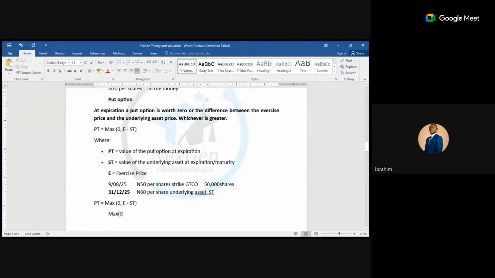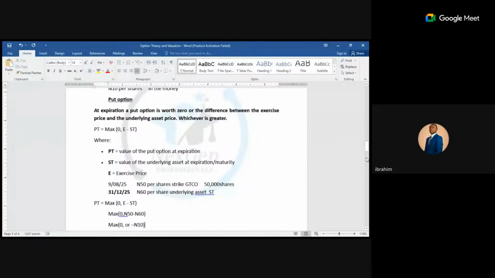So we have the maximum of 0 and the exercise price of 50 naira minus 60 naira as the ST, which is a difference of minus 10 naira.